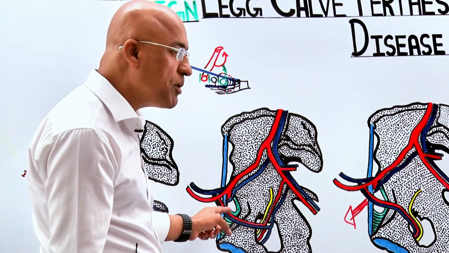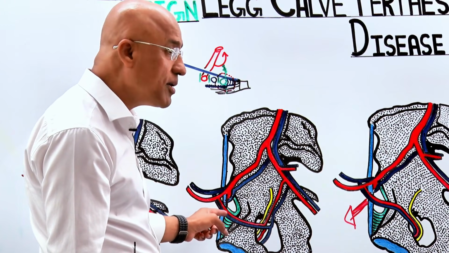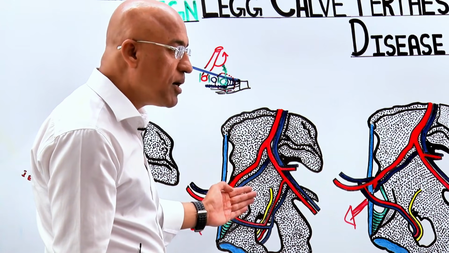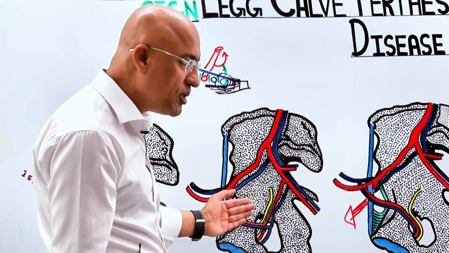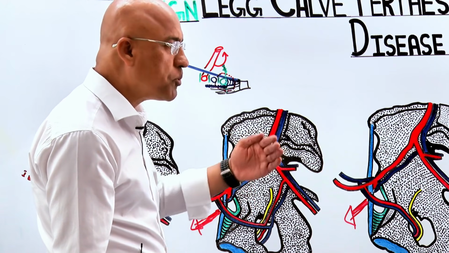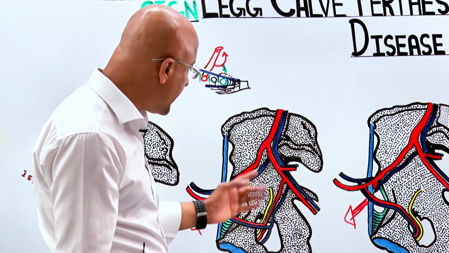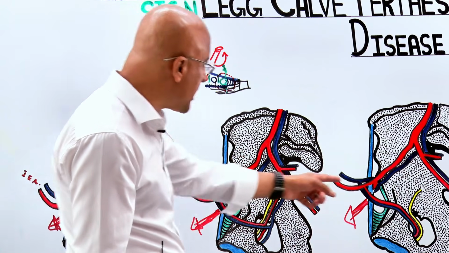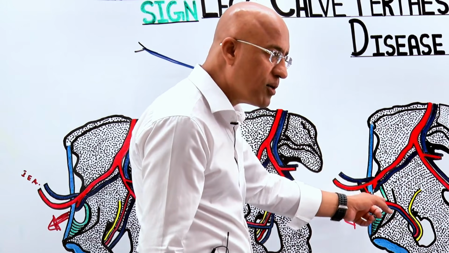Then what will happen? If you have cut it, or during any procedure here, for inguinal hernia, we try to put the mesh. We anchor the mesh with the pectineal ligament. I told you the pectineal ligament is very, very strong.